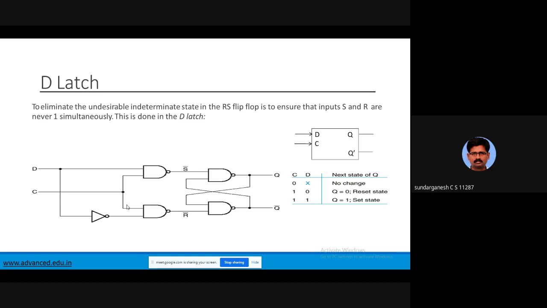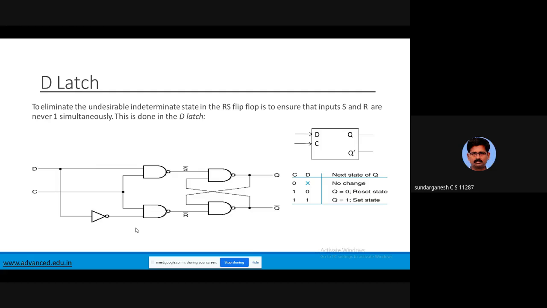So in D flip-flop, you should understand that when you give the D input 1, the output is Q equal to 1. When you give D equal to 0, because I am giving 0 here, 0 will come here. There is an inversion available here. Here S is 0, R is 1.